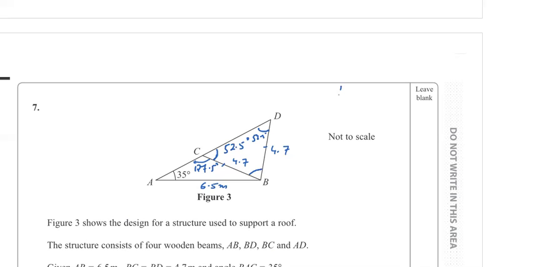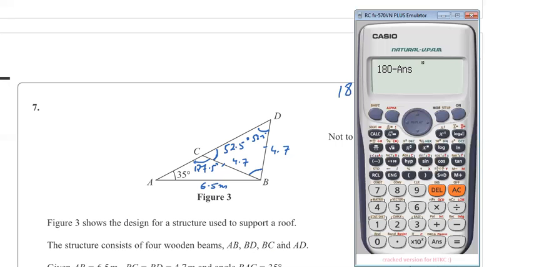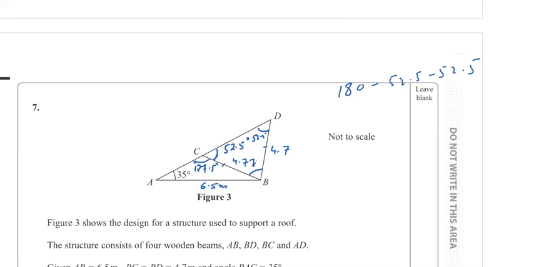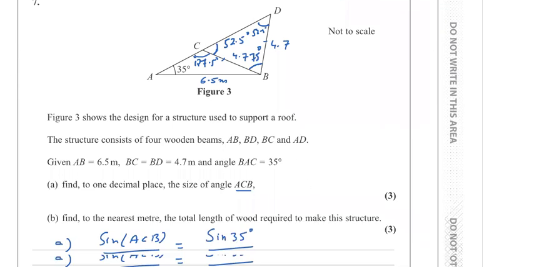This angle will be 180 minus 52.5 minus 52.5, which is 75 degrees. We may need to use that in the next part, so it's better that I found these unknown values.